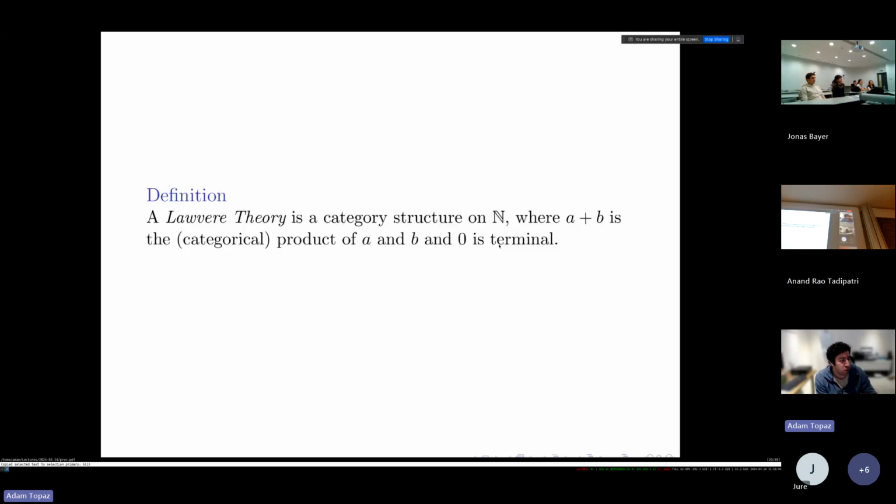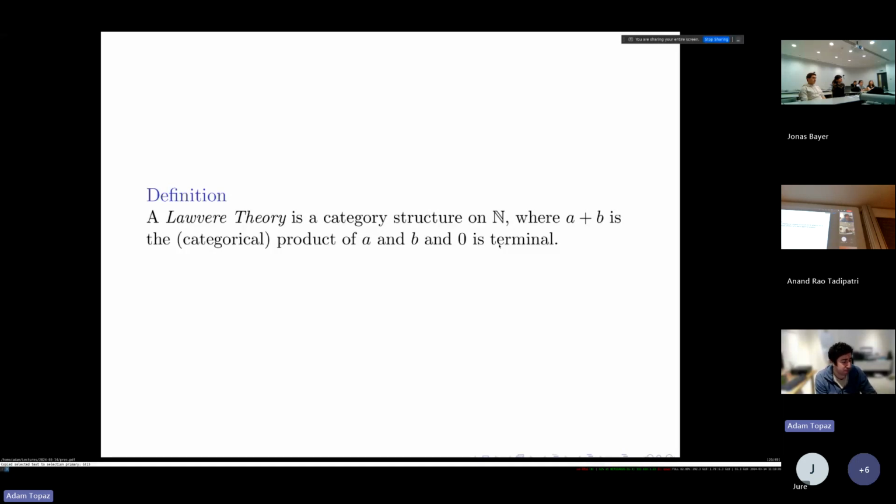What are these useful for? Well, as we just saw, we can model group theory in some sense, or rather groups, as functors from a particular kind of Lawvere theory to the category of sets. That Lawvere theory is the category L that I just constructed for you. Groups are not special for this definition.